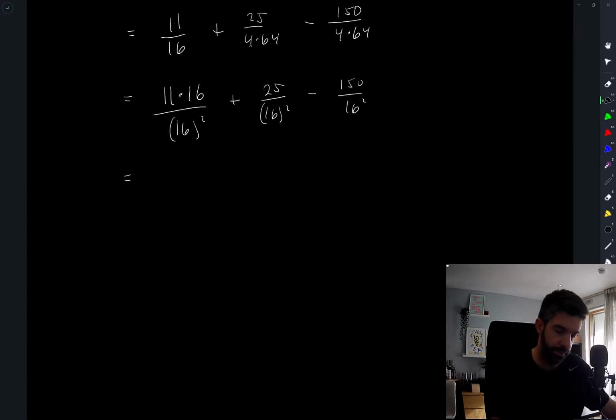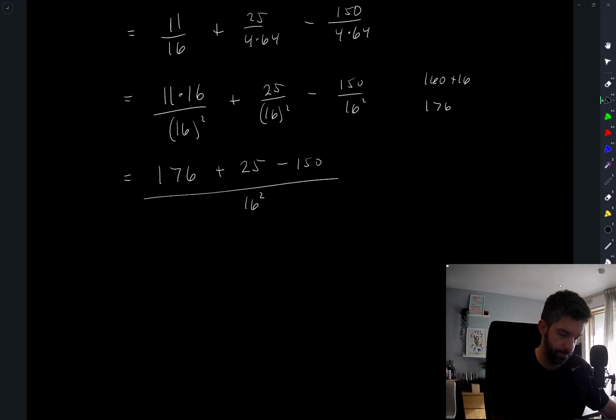Eleven times 16 is 160 plus 16, 176. Let's do 176 plus 25, 201, 201 minus 150, 51 over 16 squared. That's A2.